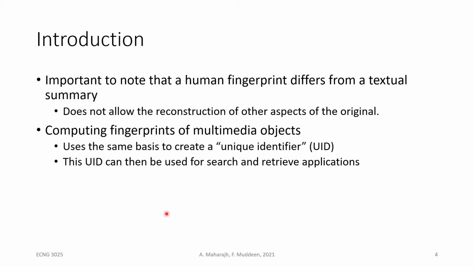Now, a human fingerprint is somewhat visual in nature, and this differs from a textual summary, where you really can't do any sort of reconstruction of the original, versus a human fingerprint. We use the idea of how the human fingerprint is unique, and how we can somewhat make a textual summary unique in some form or fashion, to compute a fingerprint of a multimedia object.